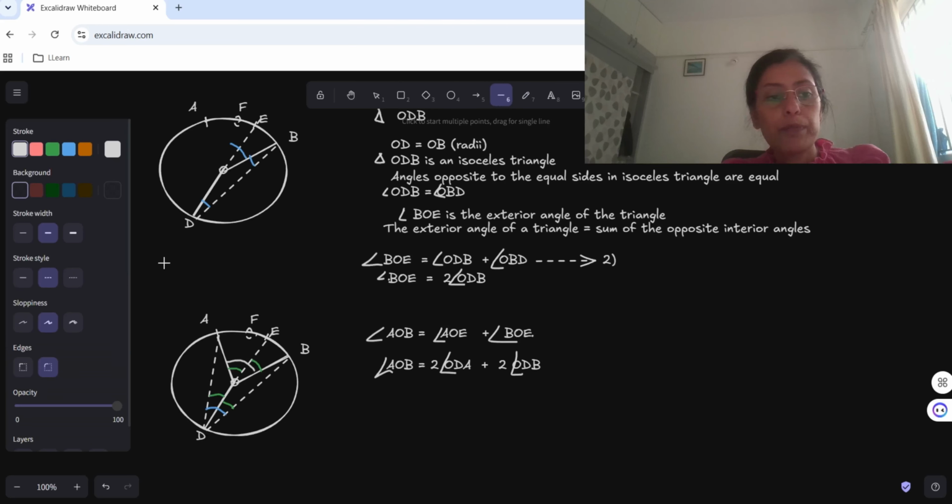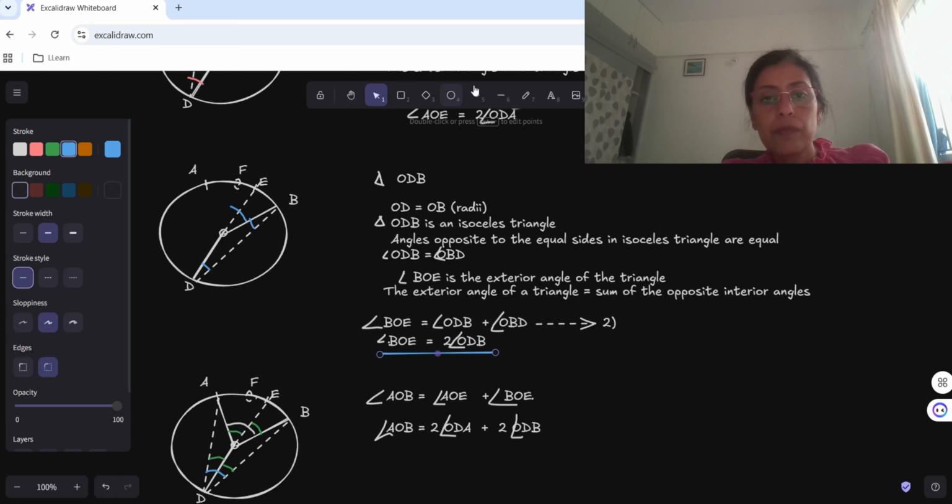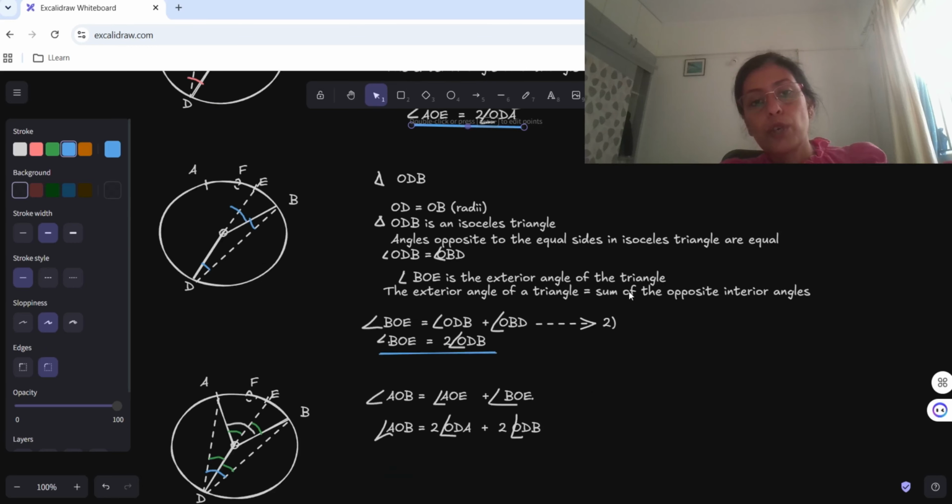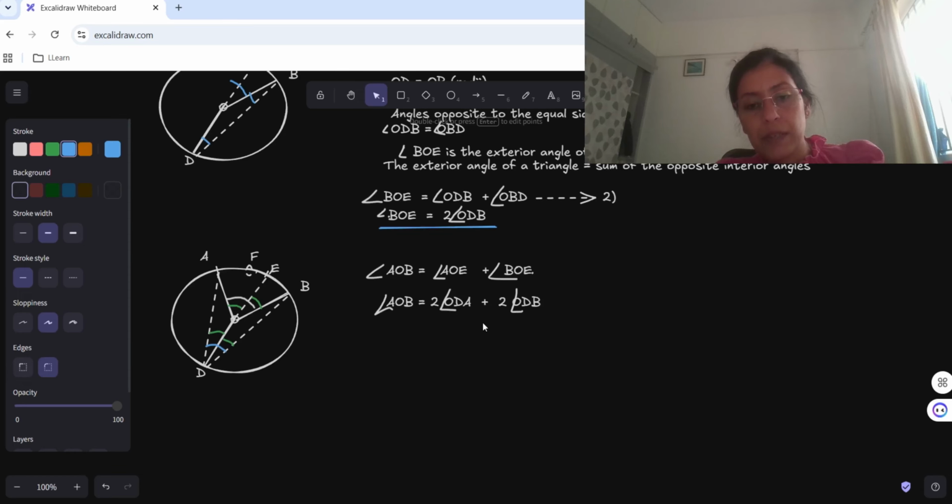We got it from this one and from this one. So we took these two things and replaced.